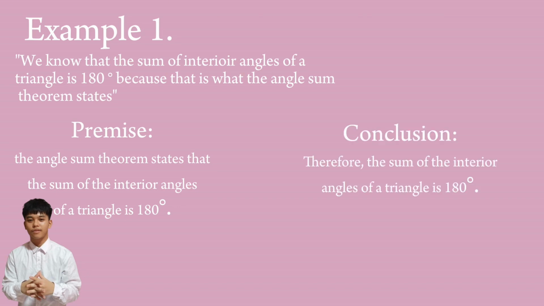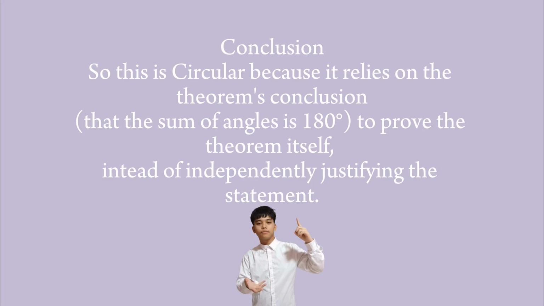So therefore, the sum of the interior angles of a triangle is 180 degrees. So this is circular because it relies on the theorem's conclusion that the sum of the angles is 180 degrees to prove the theorem itself instead of independently justifying the statement.